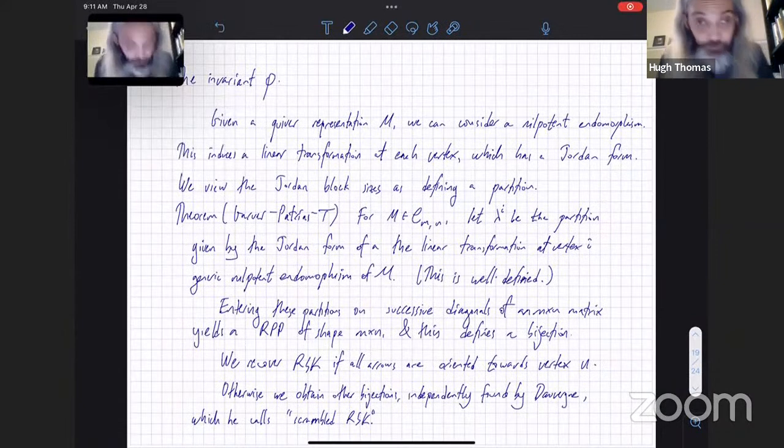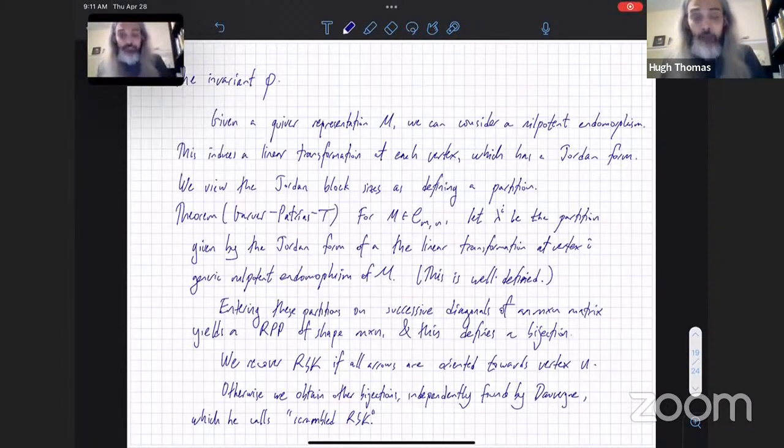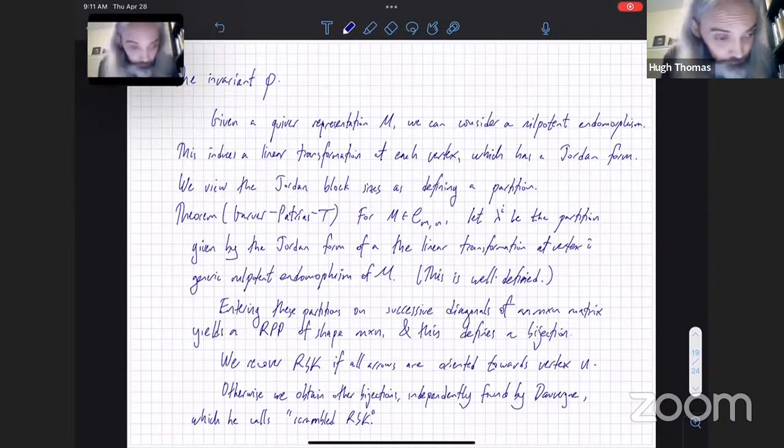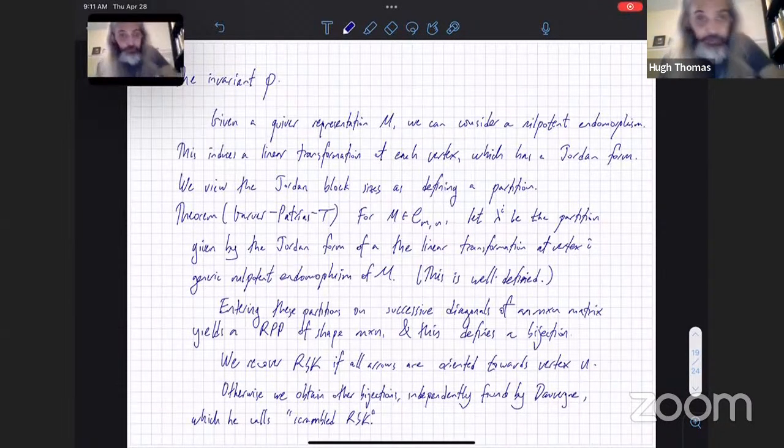So now, and this is the meat of the idea, we need some other invariant of a representation, which is supposed to give us a reverse plane partition. So here it is.